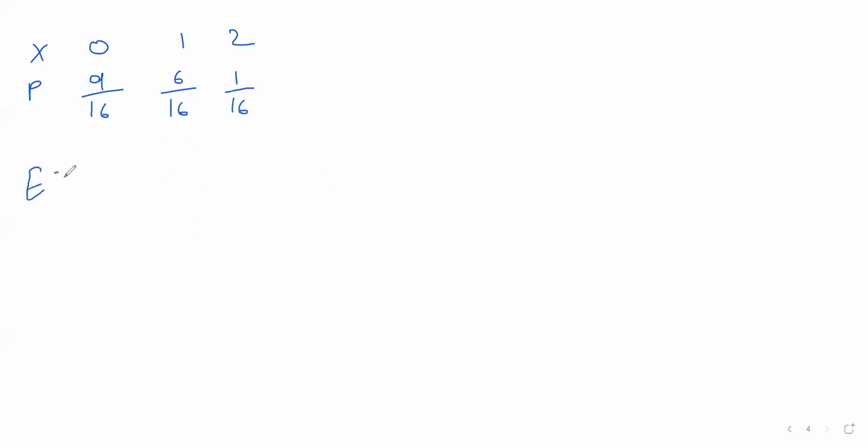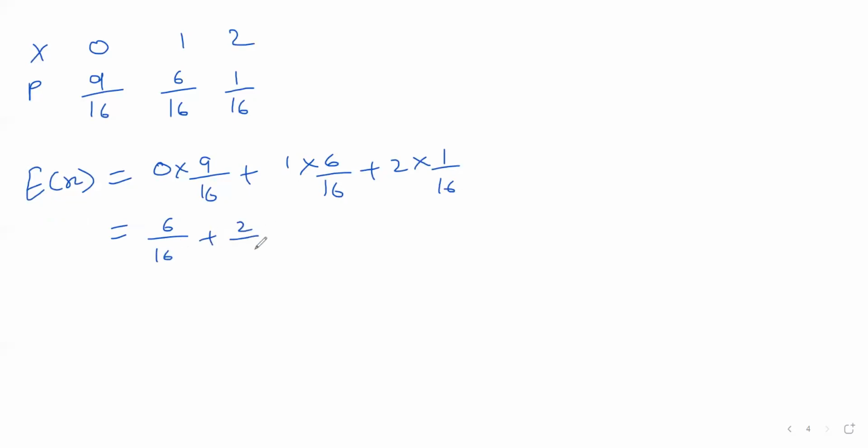Now, what is E of X? That will be 0 into 9 by 16 plus 1 into 6 by 16 plus 2 into 1 by 16. That will be 6 by 16 plus 2 by 16, that is 8 by 16, that is 1 by 2.